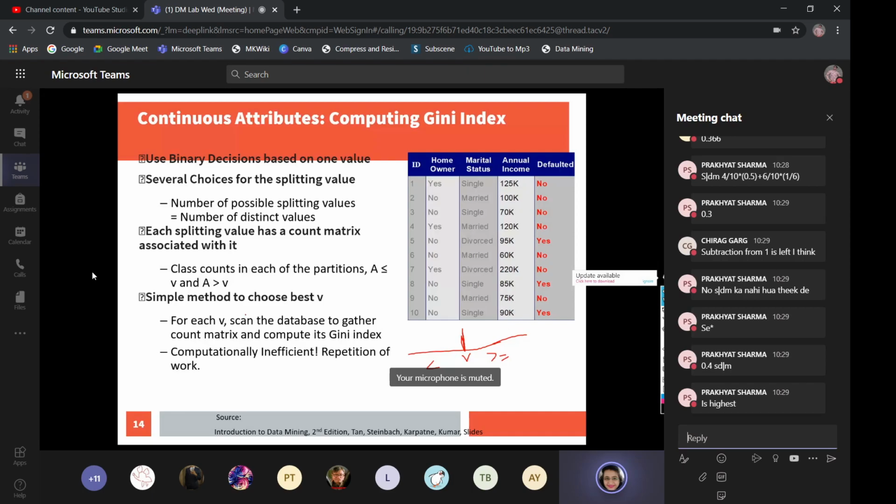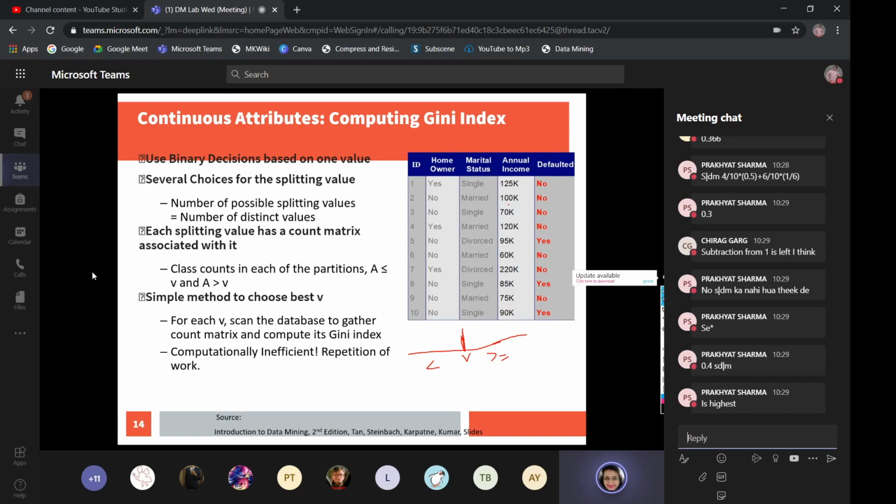Firstly you will have to sort, and then after sorting split them. How to choose the best v, whether it should be 85 or 60? Scan the database in the count matrix and compute its Gini index.